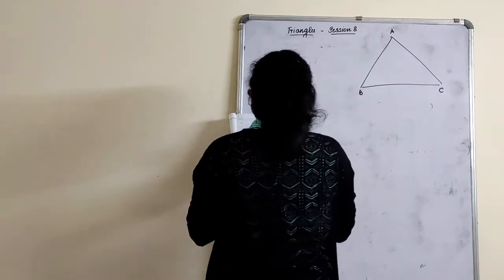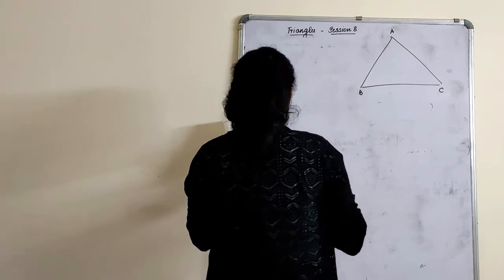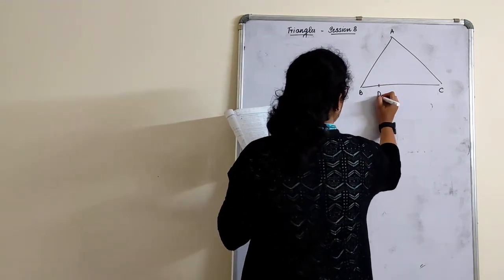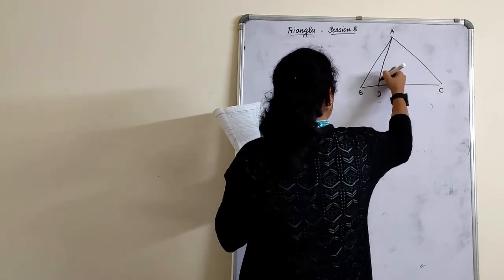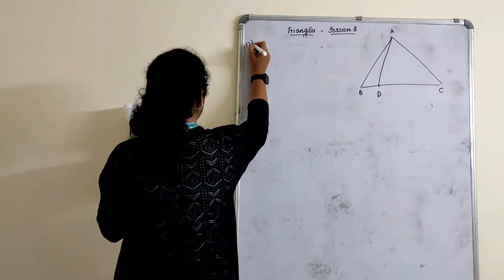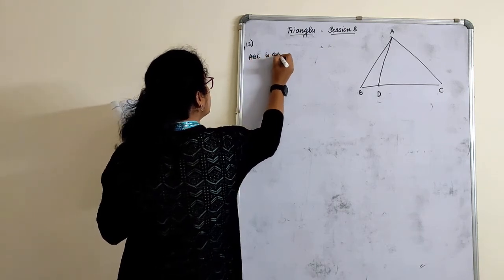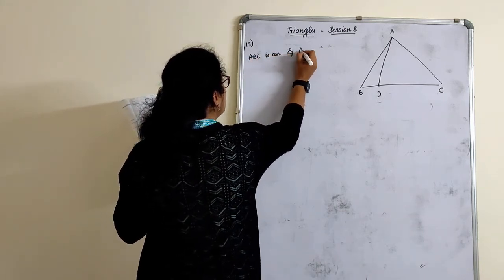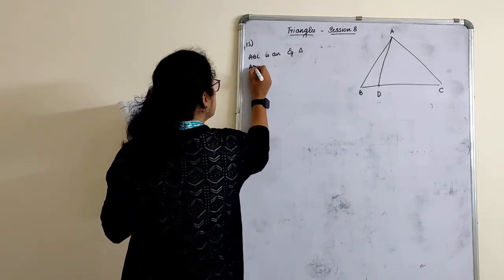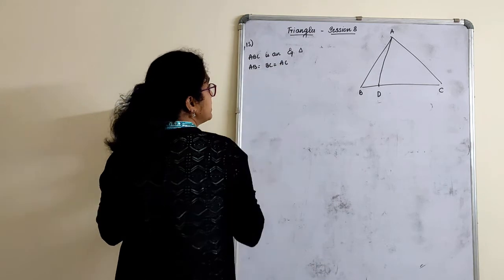ABC is an equilateral triangle. We'll write here first of all, children, the 15th one. ABC is an equilateral triangle. That means AB is equal to BC is equal to AC.